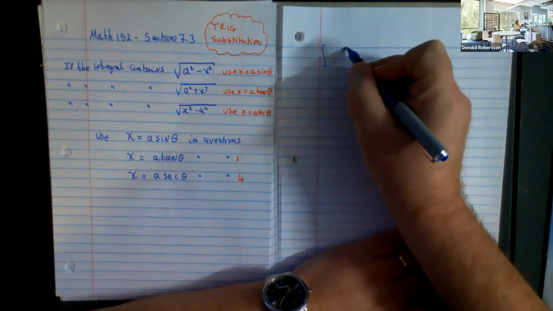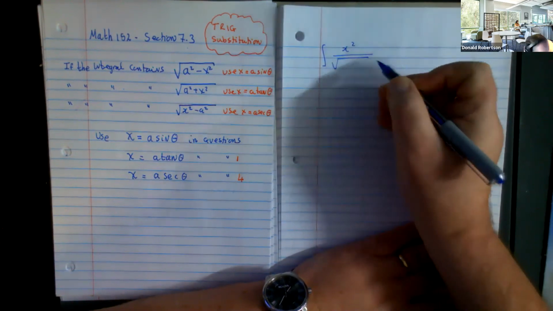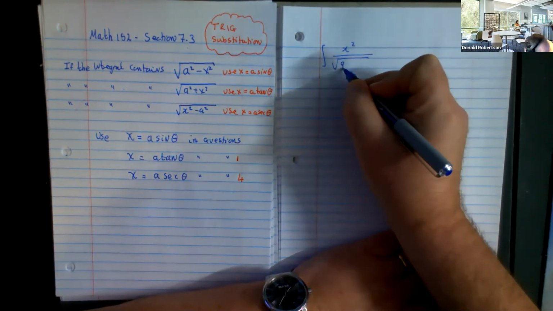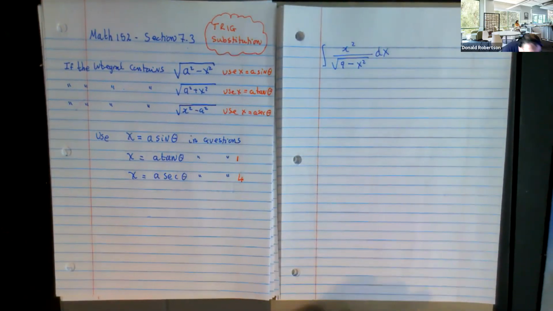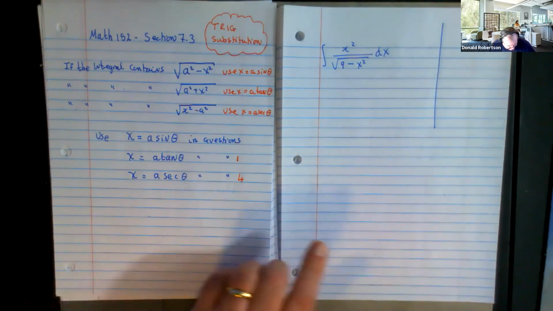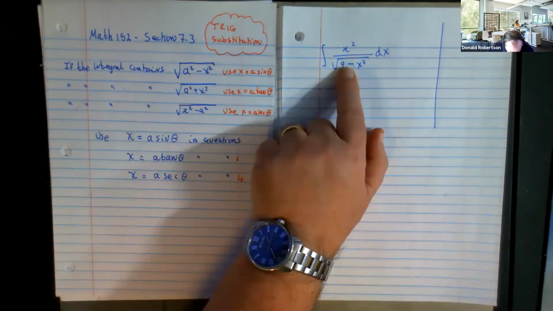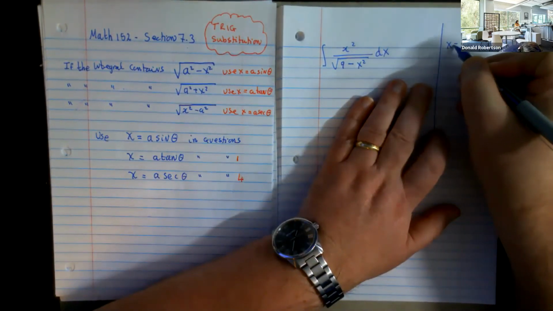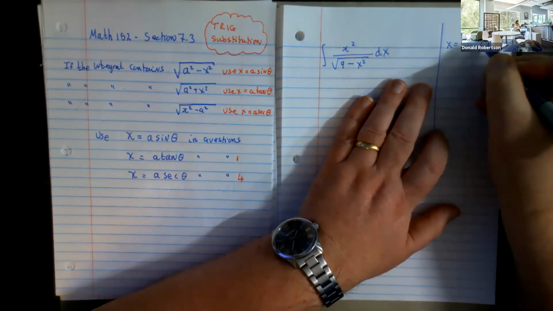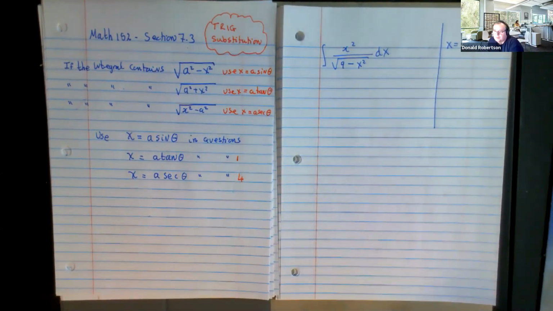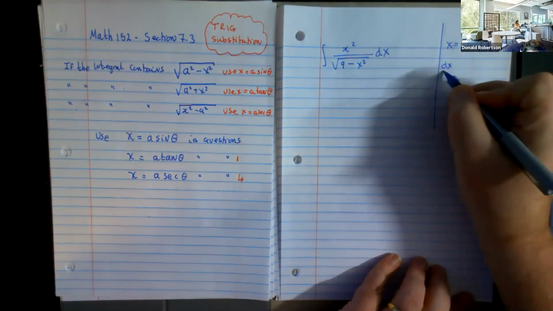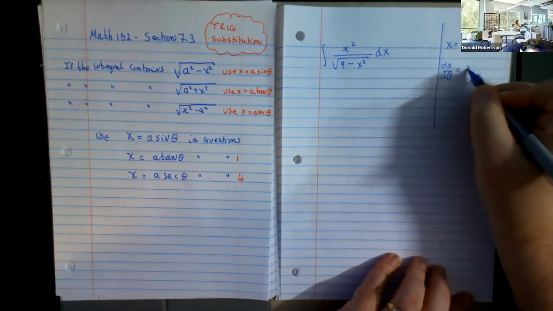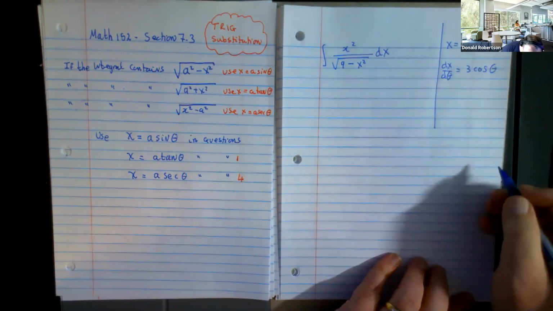It's going to be x squared over the square root of 9 take away x squared dx. Now, when you get number take away x squared, as you have here, you're going to use 3 sine theta. Are you happy about why it's 3 sine theta based on the shape of the square root? If you differentiate with respect to theta, you get 3 cosine thetas.